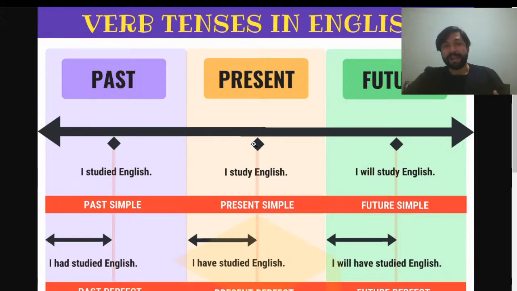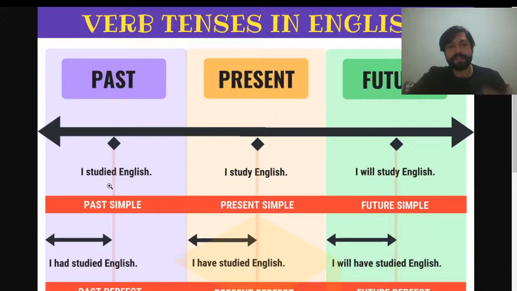So here we have a timeline, okay? So when we are dealing with the simple aspect, basically we are talking about the verb. So the verb will stay alone and the verb will do all the job. For example, when we are in the simple past, we have I studied English. So what is showing us that it's the past?